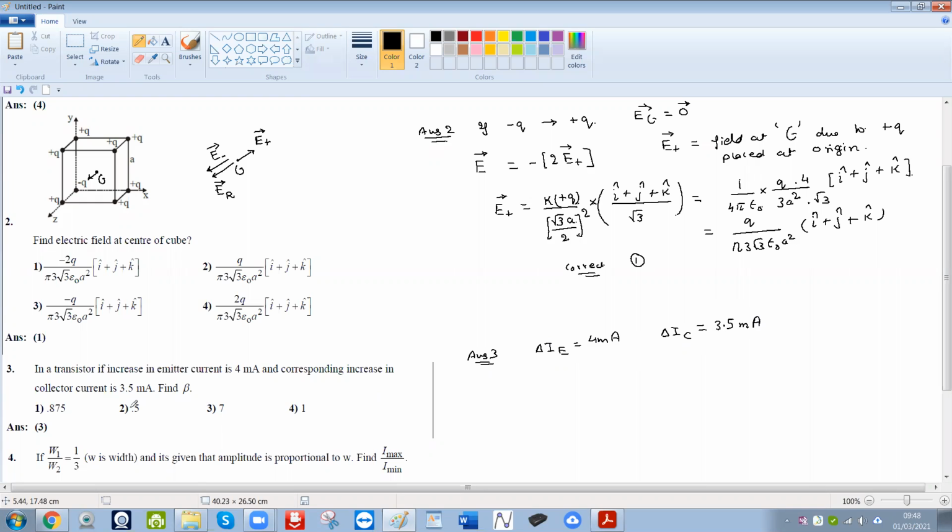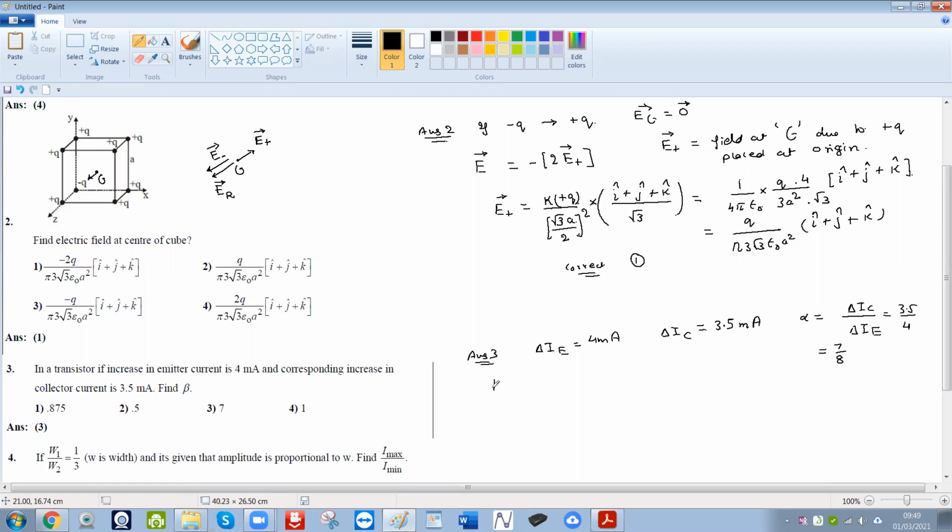Hence, value of alpha becomes delta IC upon delta IE. So 3.5 upon 4, seven by 8.